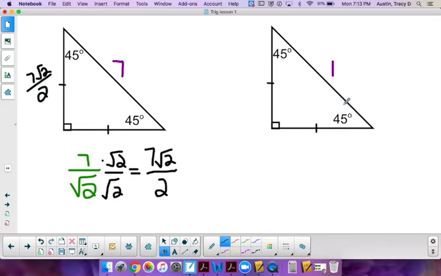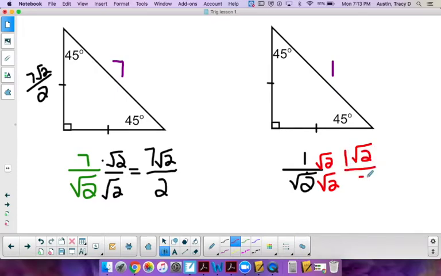So try this one. I'll start it for you. You know you have to divide 1 by the square root of 2. Okay, so simplified by multiplying by root 2 over root 2 should give you 1 root 2, or you can just write it as the square root of 2, all over 2.